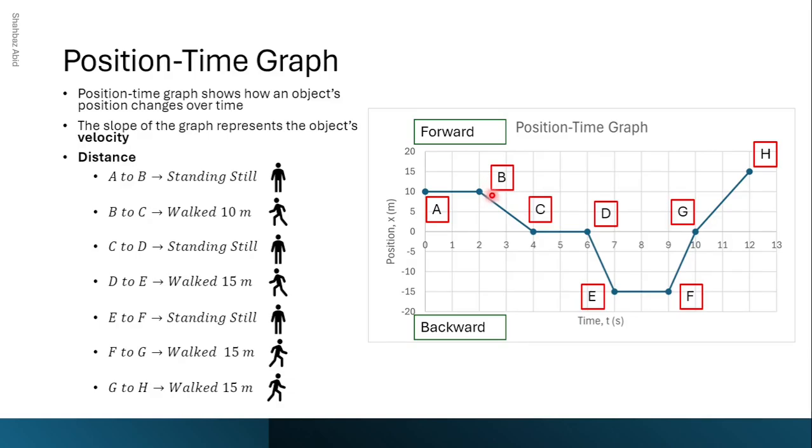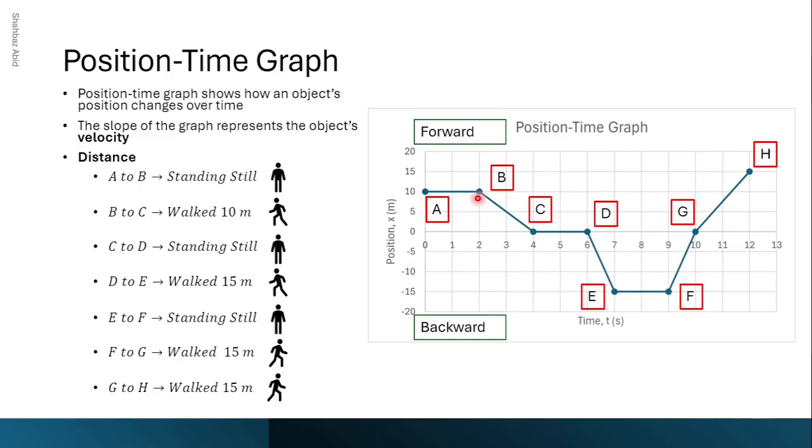The position didn't change, which means what? That if the slope of position time graph is 0, the object is standing still. It is actually at rest.